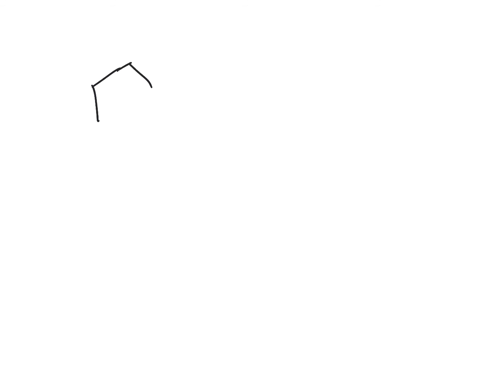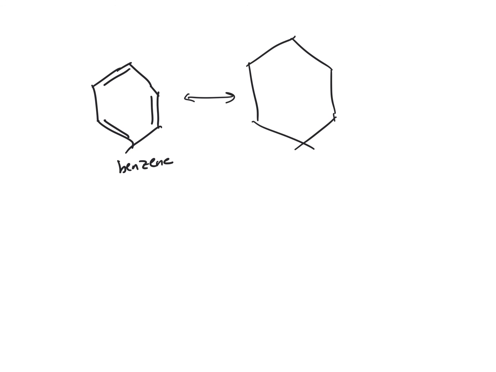So this is benzene. We have 6 carbons and the double bonds alternate. And we studied Kekulé structures that basically tell us these two structures can exist almost at the same time, right?